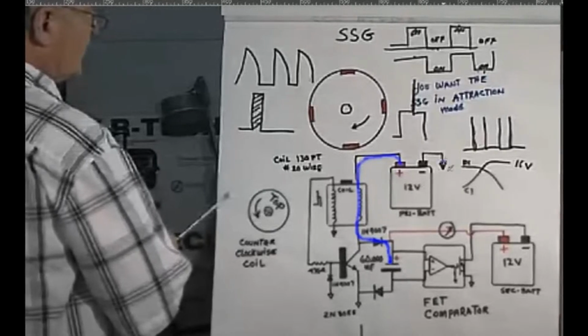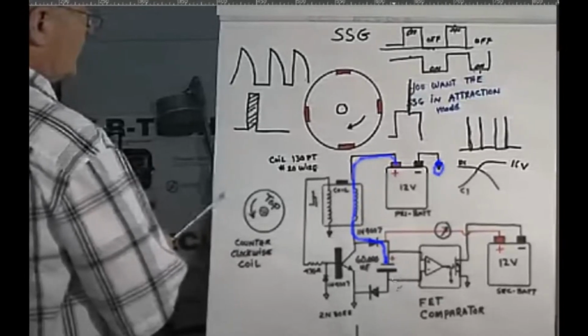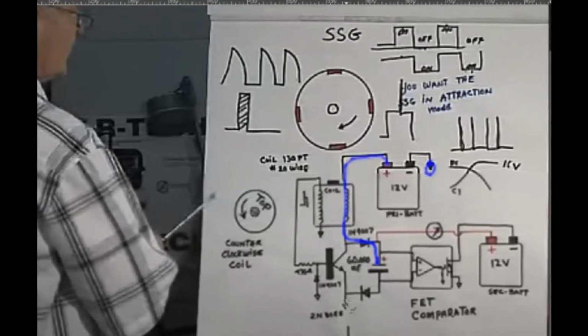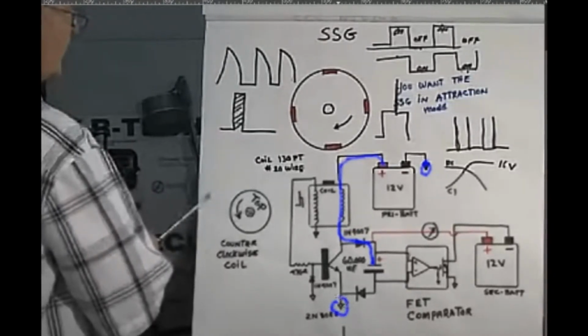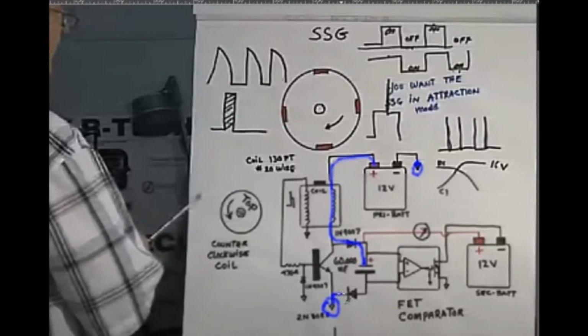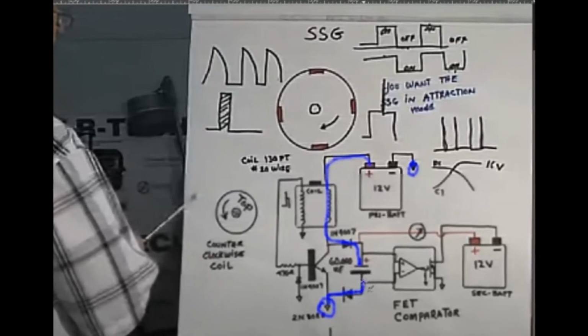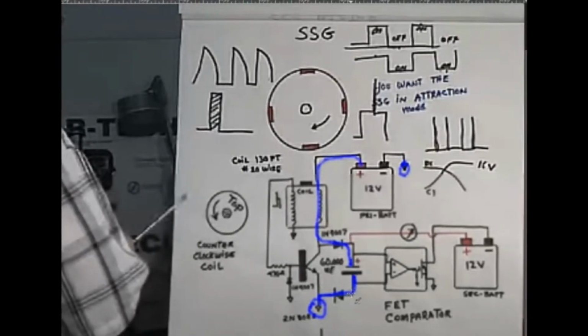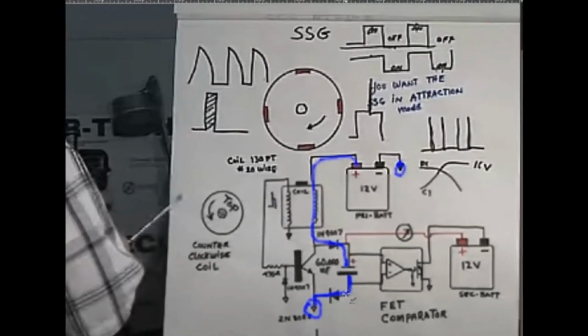You have to put this negative on the other end of this capacitor. And there is the ground, right down there. So the negative can pass through the diode, properly biased as it is, and charge this capacitor.